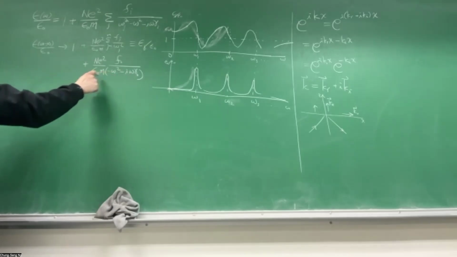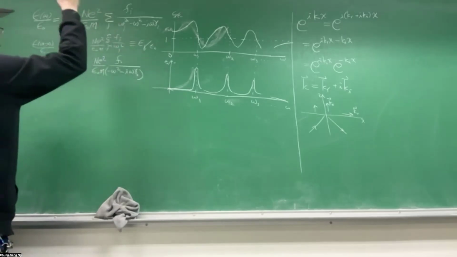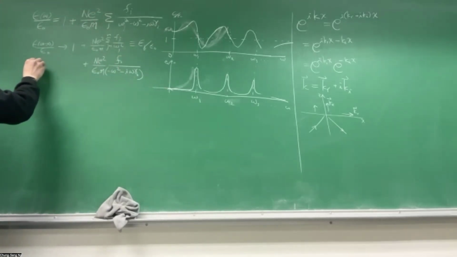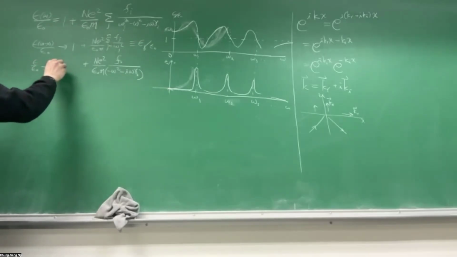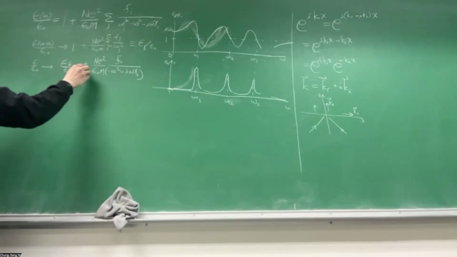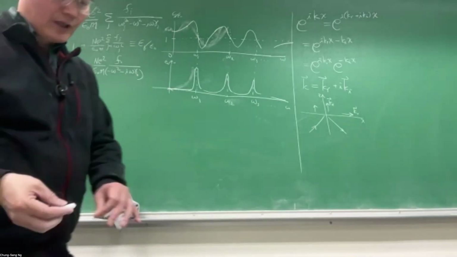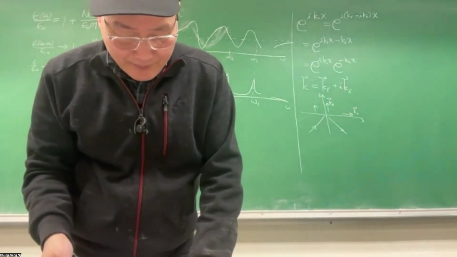That actually is singular, so the whole thing goes to infinity, right? So this epsilon b over epsilon 0, plus this part. Okay, and so that's due to a free electron.